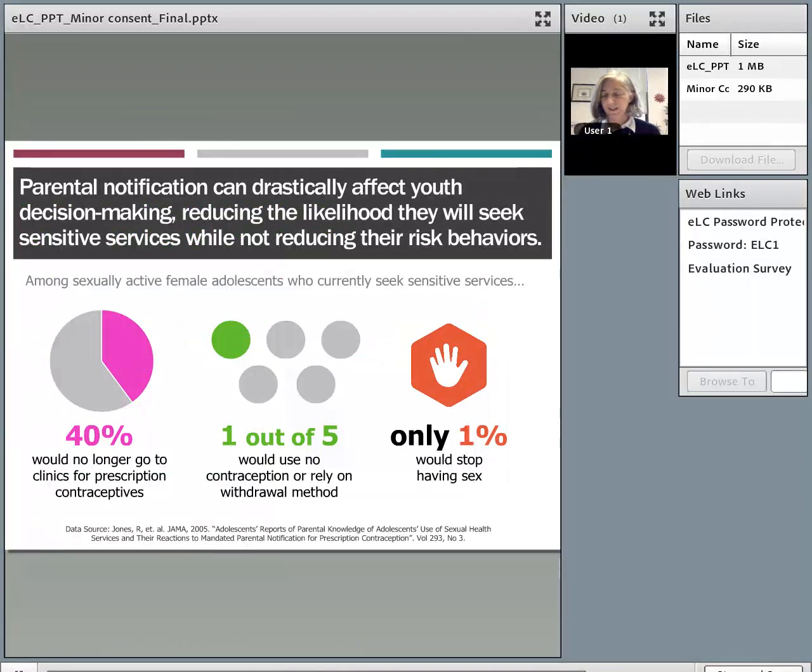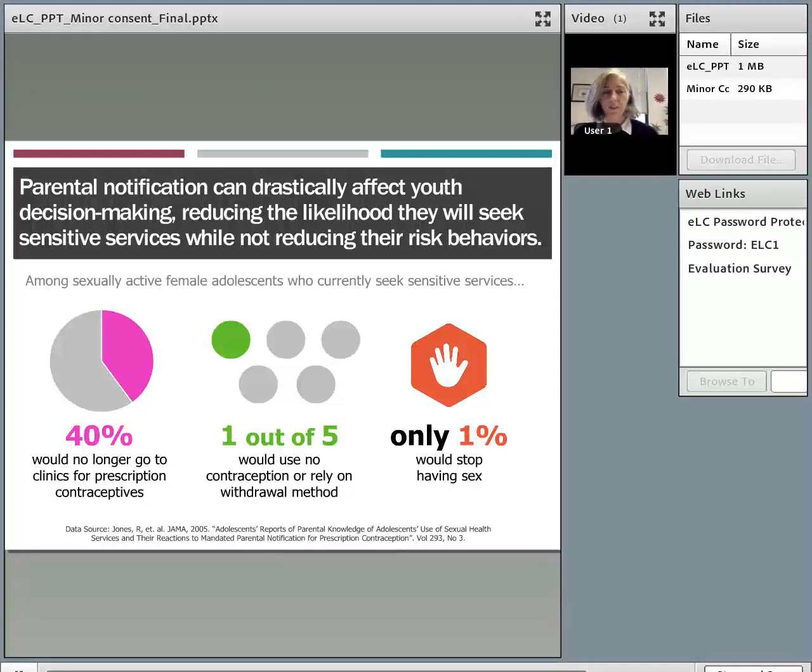Just one study we wanted to present for those who haven't seen this before. This took place in the Midwest. They went into a number of federally funded family planning clinics, into the waiting rooms, and interviewed adolescents and basically said, if there were some sort of a parental notification requirement that would let your parents know that you're here, how would that impact your willingness to be here or seek services?